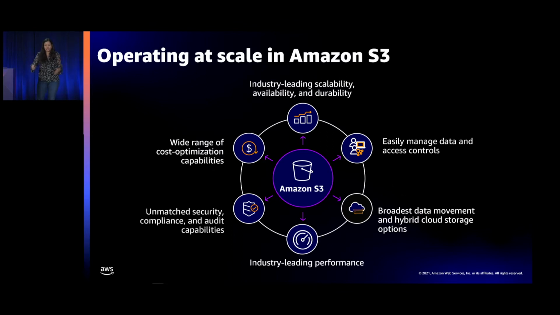For some, it's about the high throughput that S3 offers, the scale they can reach with Amazon S3, the 11 nines of durability, the ability to store data across multiple regions with cross-region replication. For some, it's the wide range of cost optimization capabilities that we offer. And for some customers, it's the security and management features that we offer, giving you the ability to control access at the object, bucket, and account level.